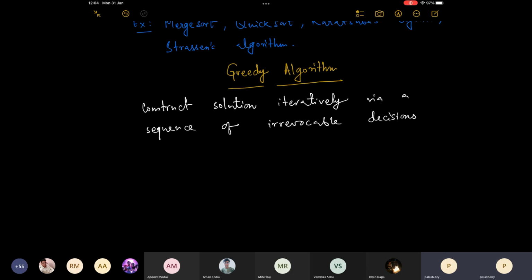So on a high level, a greedy algorithm looks like an iterative algorithm. It has a for loop or while loop, some kind of a loop. And in every iteration of the loop, the algorithm is making some decision, which will not be altered in later iterations. It is sort of irrevocable or myopic decisions. And this is the feature of greedy algorithm. And what is the hope?